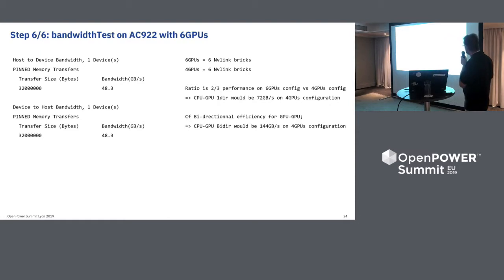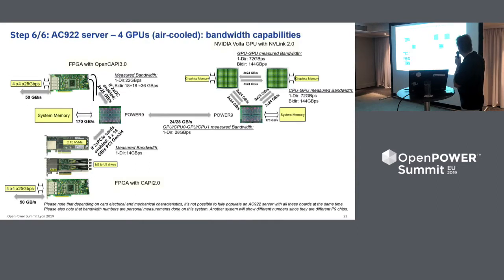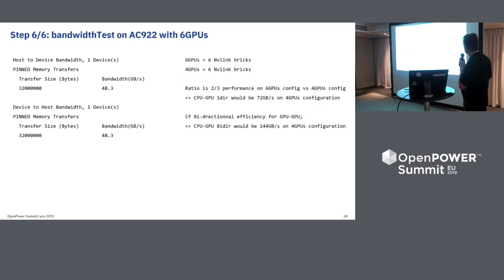One tricky thing to understand is that when we have 3 GPUs, they are sharing the bandwidth between the 3 GPUs. When we have only 2, then we can enhance the communication towards the CPU. So there is a 2/3 ratio. When you go from 6 to 4, we gain bandwidth.